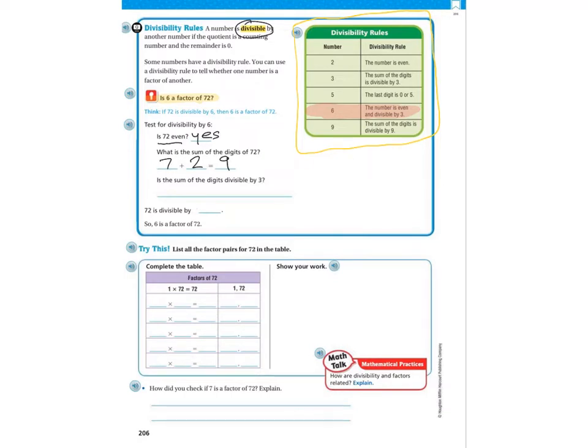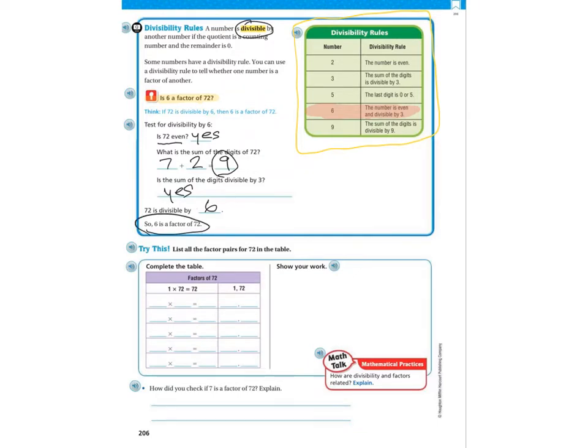Outstanding. Now, is that sum, the number 9, divisible by 3? 9 divided by 3 equals 3. So all we need to do is just put yes. And 72 is divisible by 6. So 6 is a factor of 72.